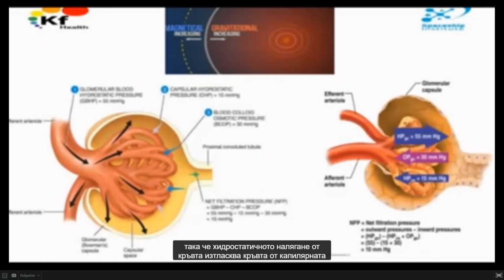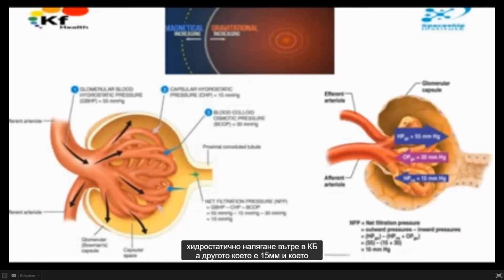So hydrostatic pressure from the blood pushes the blood out from the capillary wall through the filtering place of the Bowman capsule. And because of that force, inside of the Bowman capsule two other forces start to form.